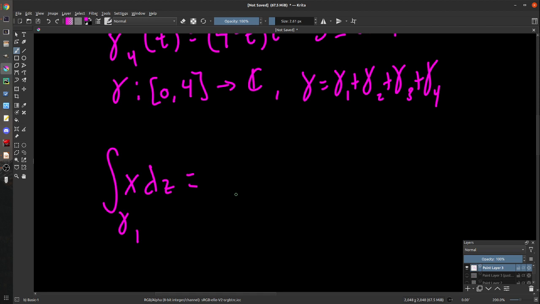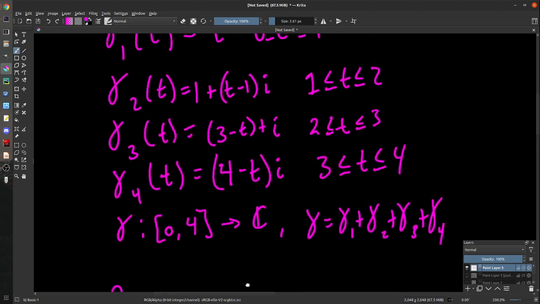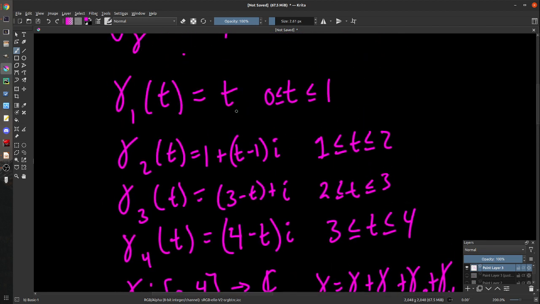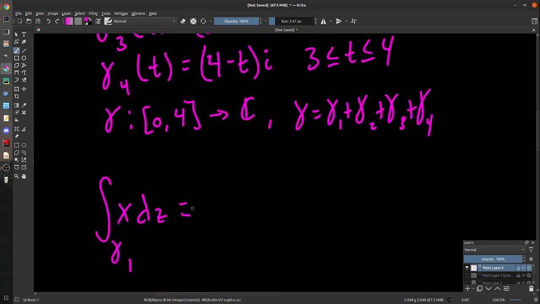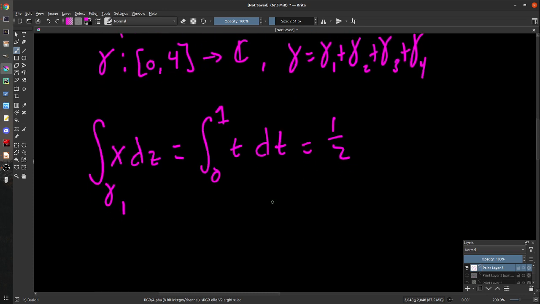We take the real part of gamma 1, which is t, and multiply it by the derivative of gamma 1, dt. So 0 to 1 of t times 1 dt, and I get out 1/2.